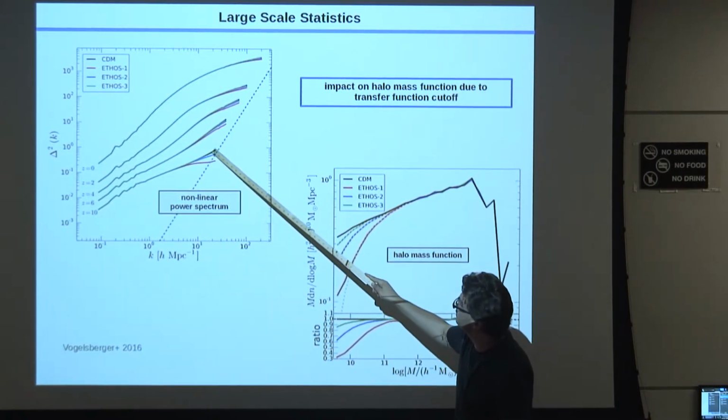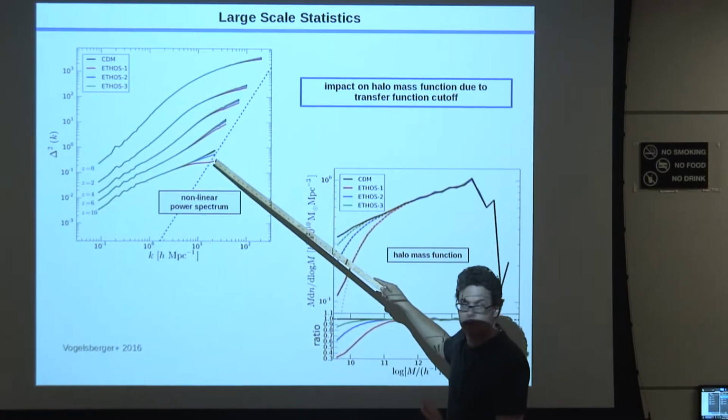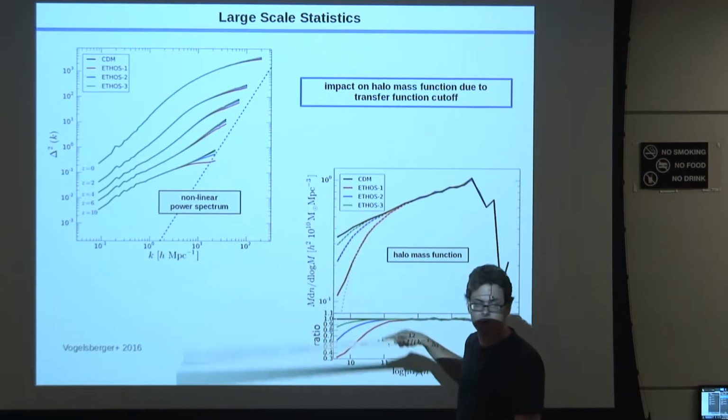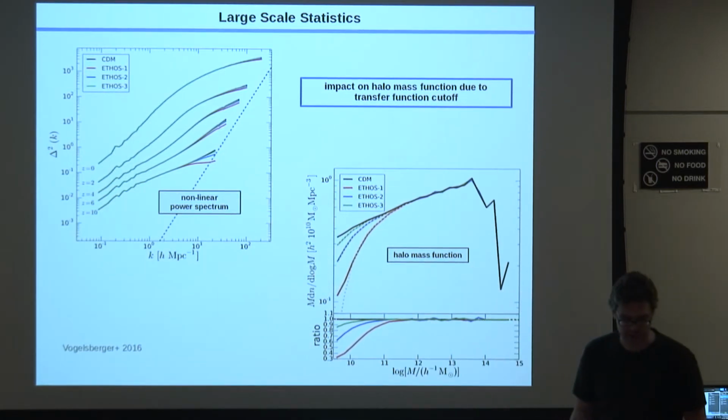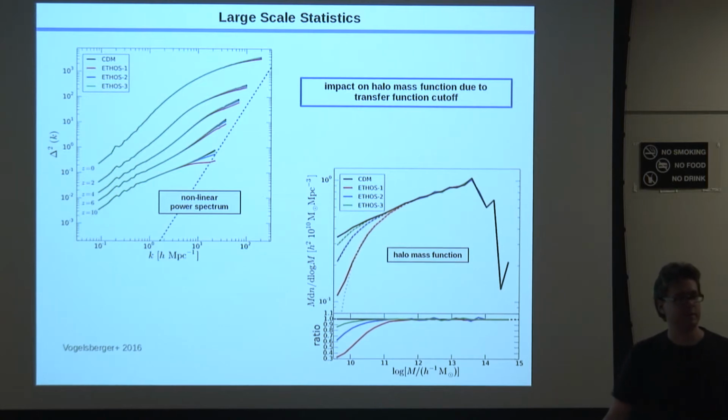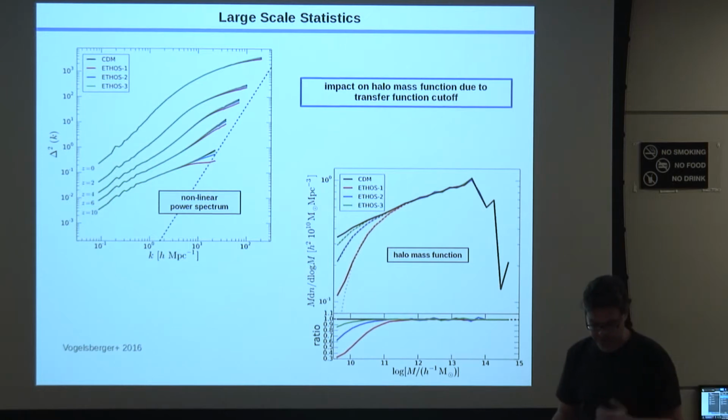You can see that also there, especially at early times, you see this difference in the power towards smaller scales. That's different from SIDM, because none of this really happens in SIDM, but it happens in warm dark matter. So it's a similar behavior to warm dark matter, and the reason is that it has a similar cutoff in the power spectrum.